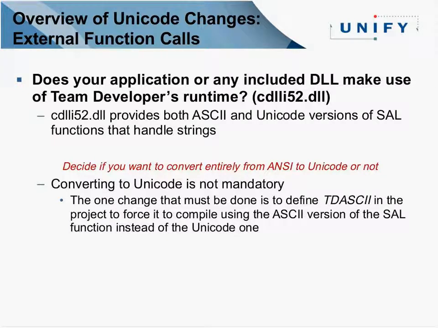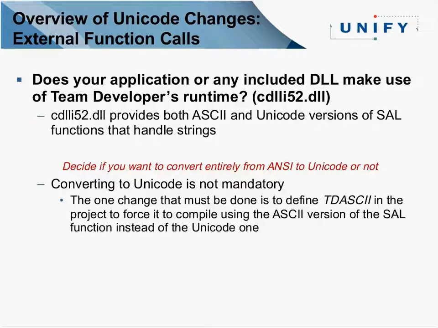But in the past, all our SQL APIs were ASCII, and now they're Unicode. So we provide both ASCII and Unicode as opposed to before when we only provided ASCII versions of our SQL functions in our runtime DLL. So you need to decide if you want to convert entirely from ASCII to Unicode or not. Again, do you have to? No, you don't have to.